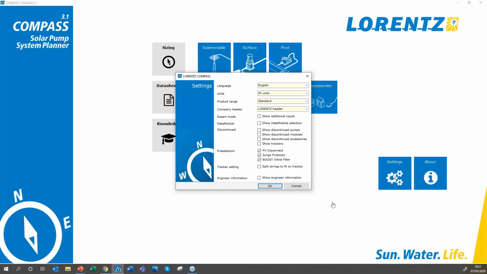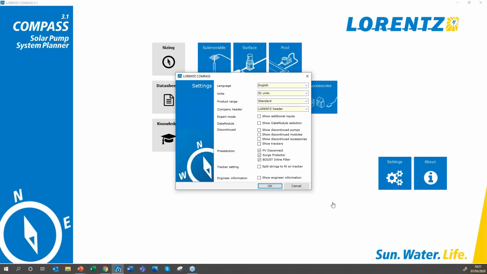So in the settings, here it allows you to select a language. So we're supporting 5 languages here. It allows you to select your units, so you can choose obviously to use metric units, you can use US units. If you want to, you can even combine and customize your units. So if you wanted to use cubic meters or liters for flow and feet for distances, you can even combine the two.